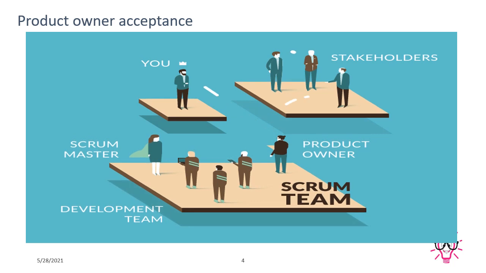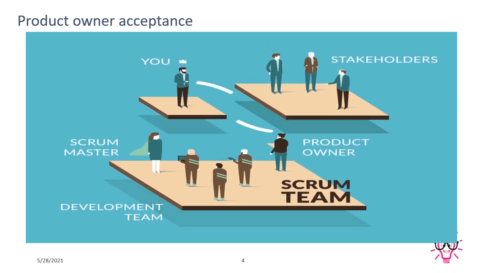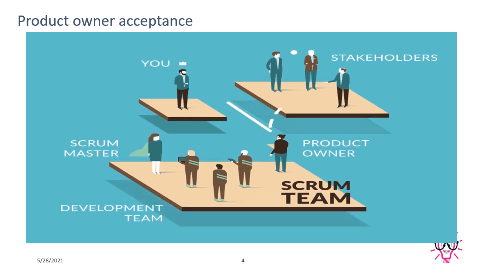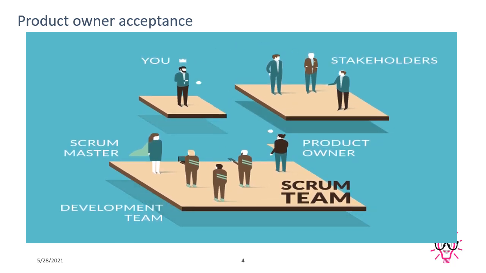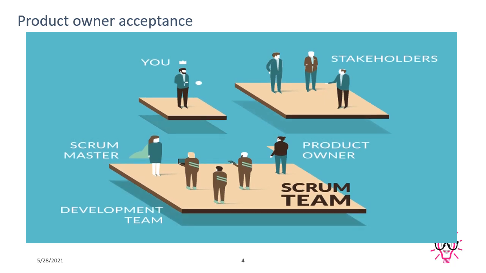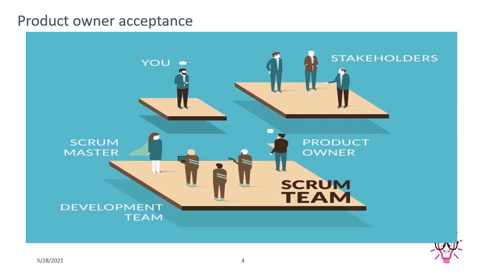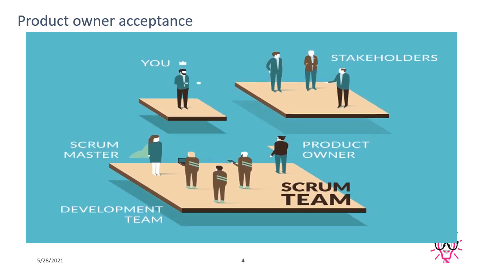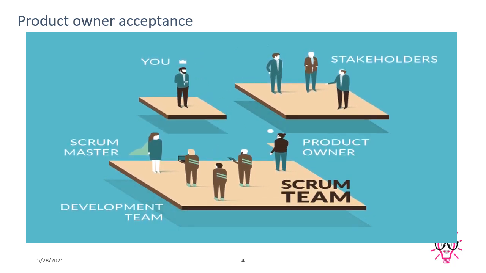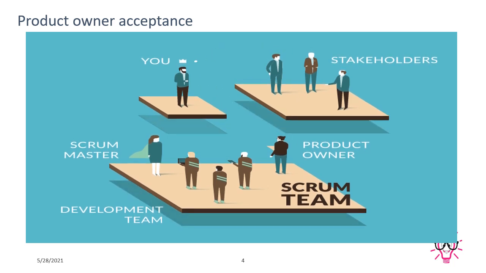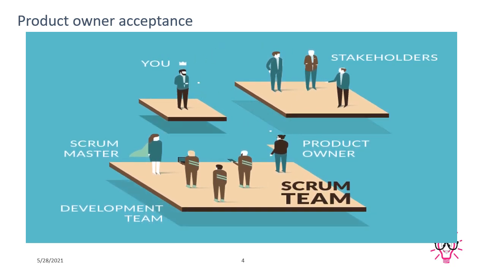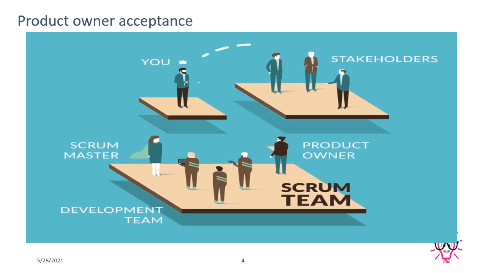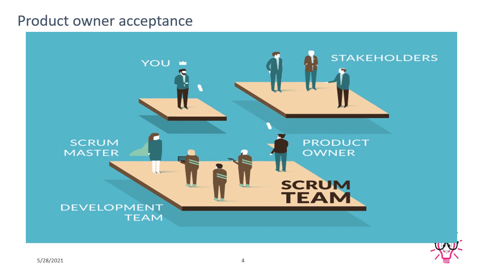Now if these points are really related to that particular requirement, the product owner will update it. If these points are not related to that requirement, the product owner will provide the answer in communication. Maybe it's a written communication, maybe it's a meeting, and the product owner will explain why those things were not added. So it should be a justifiable answer. In this way, guys, the product owner will provide the acceptance criteria for each and every requirement.